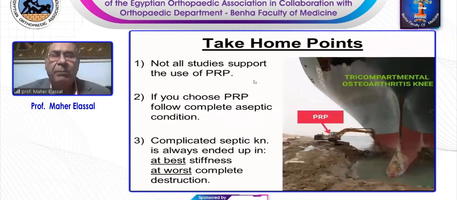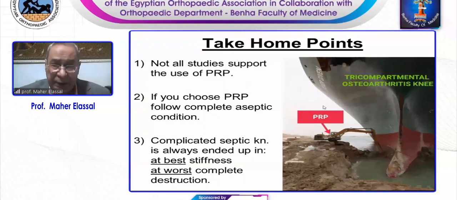The take-home points: if we go to this picture, I can say the Egyptians succeeded in refloating the giant Evergreen ship that was wedged across the Suez Canal.